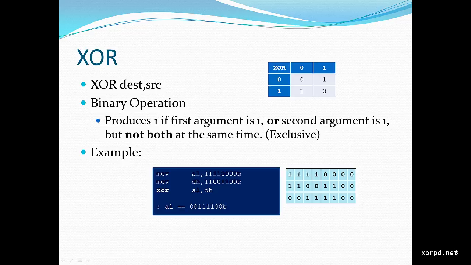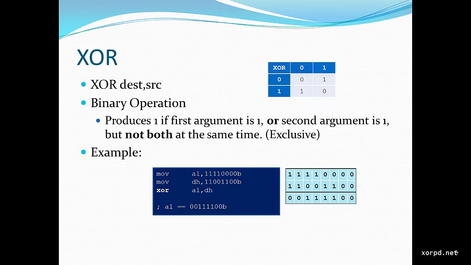XOR. The XOR instruction takes 2 arguments, dest and source. It is a binary operation, which means that it goes bitwise over every bit in dest and source, the parallel bits, and then it performs XOR over those 2 bits, 1 bit from dest and 1 from source.